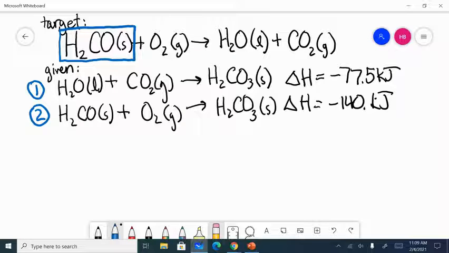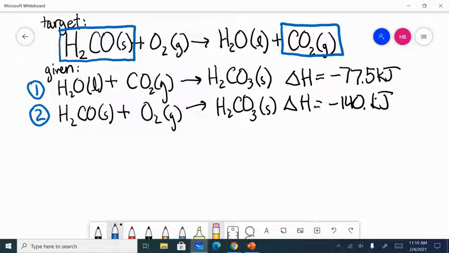Next thing I'm going to say to myself is I need carbon dioxide in the products. So you could do H2CO, then do O2, then do H2O, then do CO2, whatever works for you. But for me, I can recognize that when I used equation 2 as is, I got my H2CO and my O2 taken care of. And I already used equation number 2, so I need to figure out how I'm going to use equation number 1.